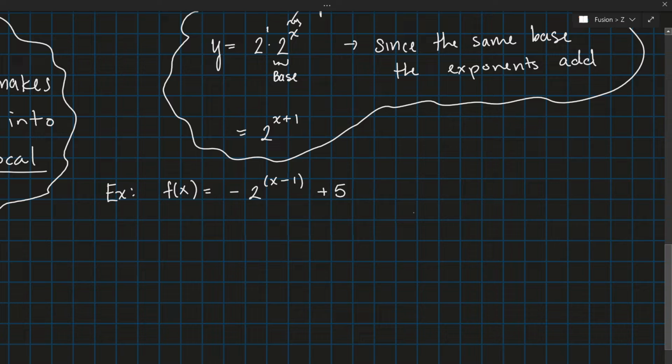So what are all the transformations on this function?